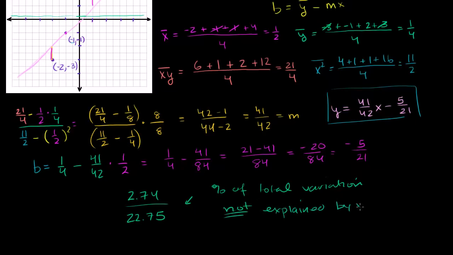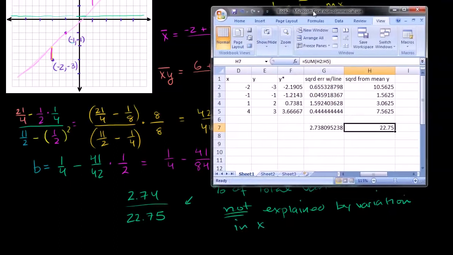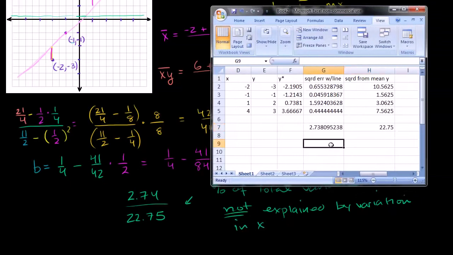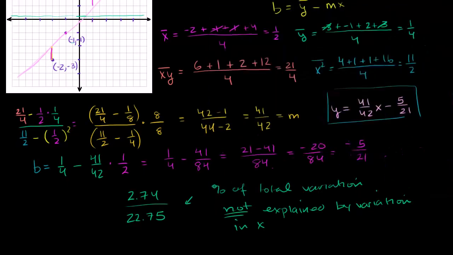And what is this number going to be? I could just use Excel for this. I'm just going to divide this number by this number right over there. I get 0.12.